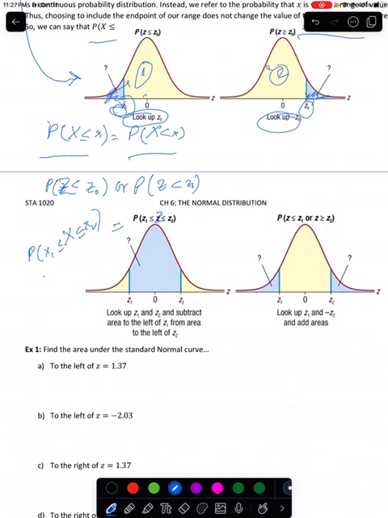So how do you find it? The formula will be that you look up z2. When you look up z2, you get an area, and then you look up z1, you get an area, and then you subtract the smaller from the larger. Which one will be the larger?